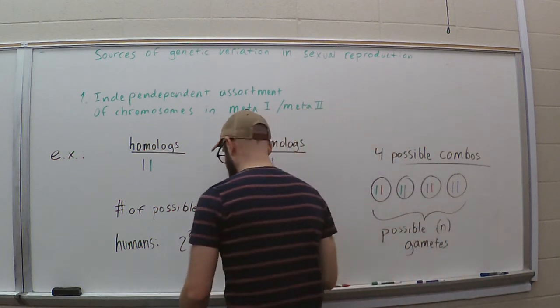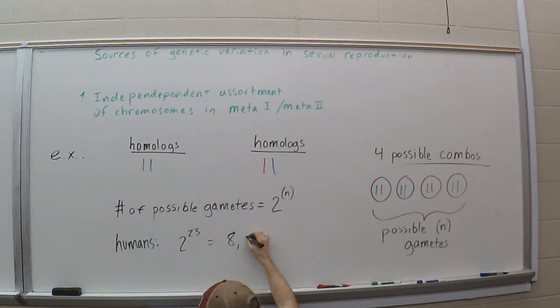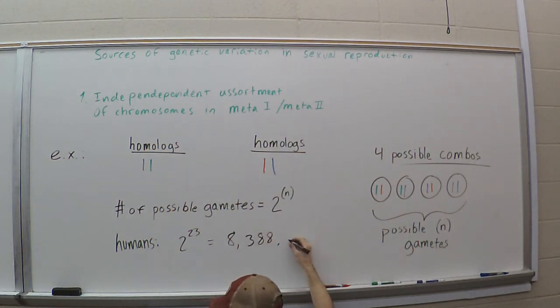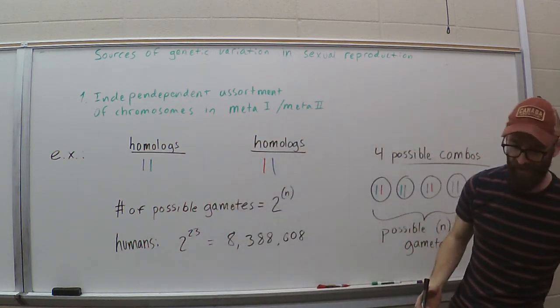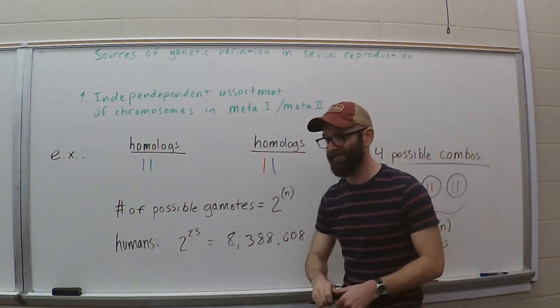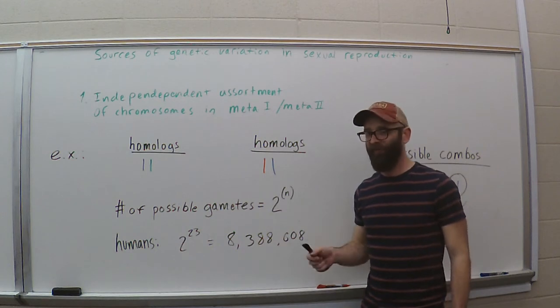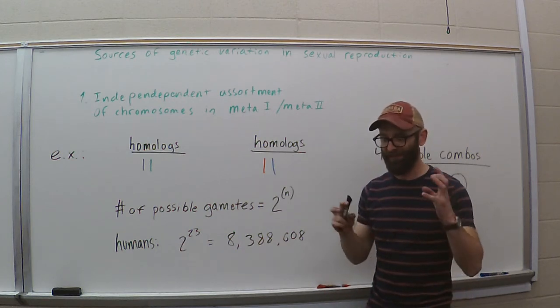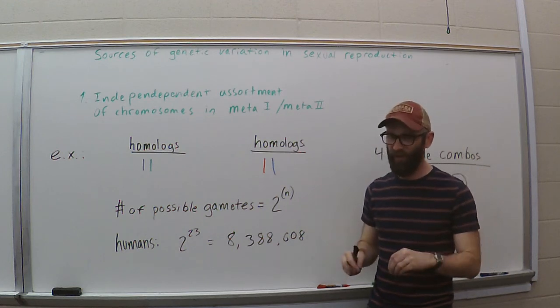If you punch that into a calculator, it's 8,388,608. You don't need to know that number. I'm just trying to illustrate for you all the different combinations that can happen. There's almost 8.4 million different combinations of chromosomes that can go into each one of your gametes.